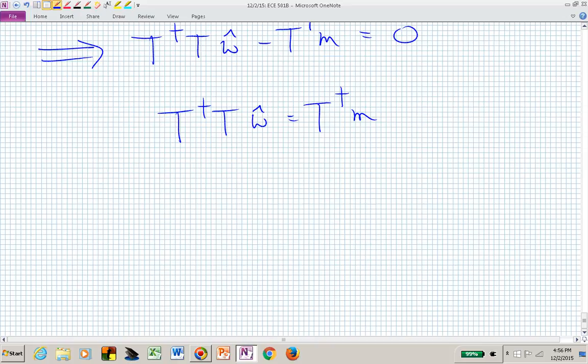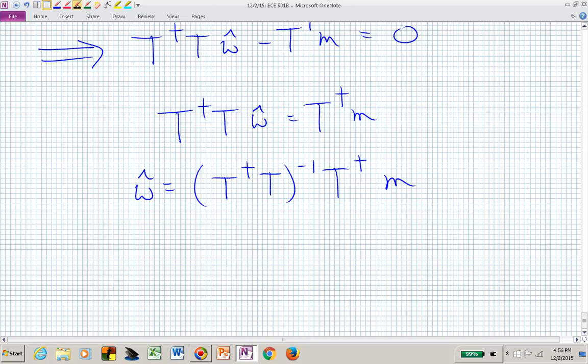We multiply T dagger by T, and we now have this square operator, T dagger T. So let's now assume that that inverse exists, and that now says that W hat, or the best estimate, will be T dagger T inverted times T dagger operating on the measurement M.